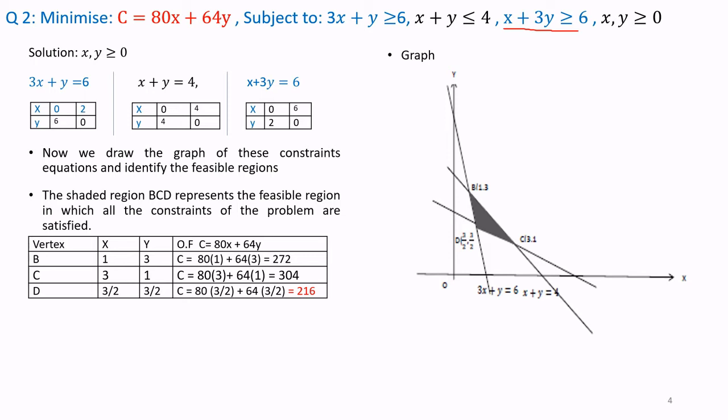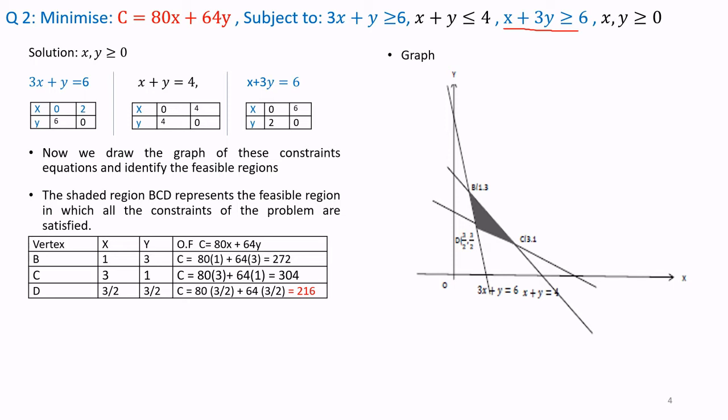So in this equation, we substitute the values of x and y. That is, C is equal to 80 into x, x is 1 here for point B, and 64 into y, the value of y here is 3. If you simplify this, we will get the value as 272 for point B. Next, we take up the point C, whose coordinates are x is 3 and y is 1.